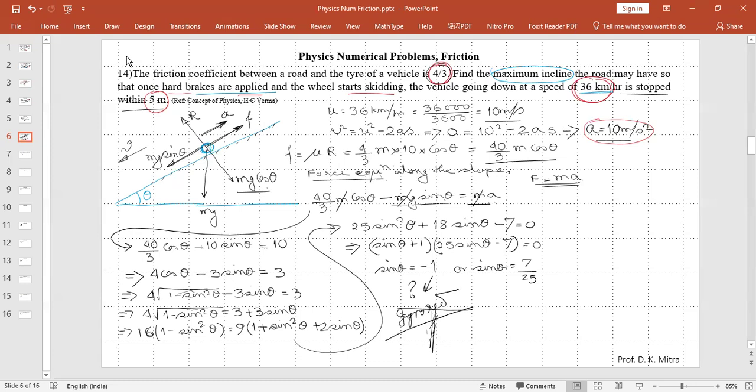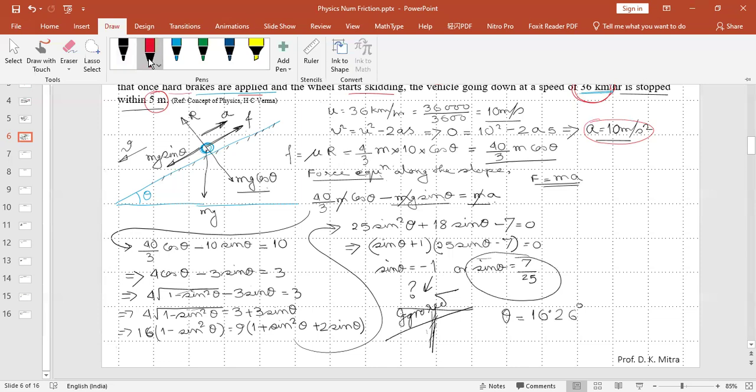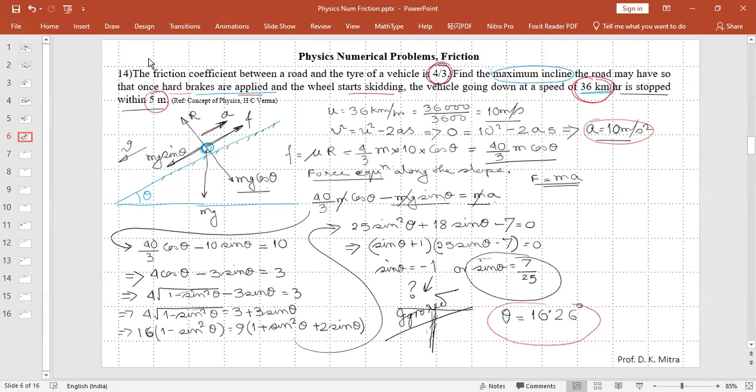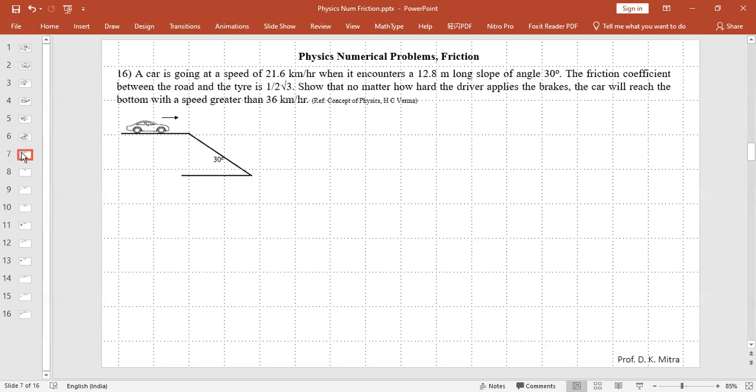So we find sin theta equal to 7 upon 25. And from here, if you calculate, you will find theta is equal to 16.26 degree. So the answer to this question is 16.26 degree is the maximum incline. The maximum incline possible is 16.26 degree.